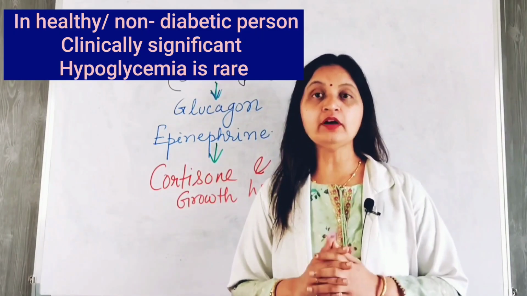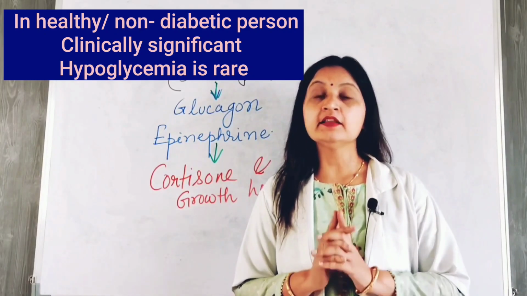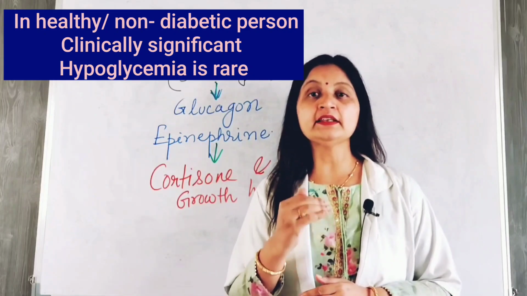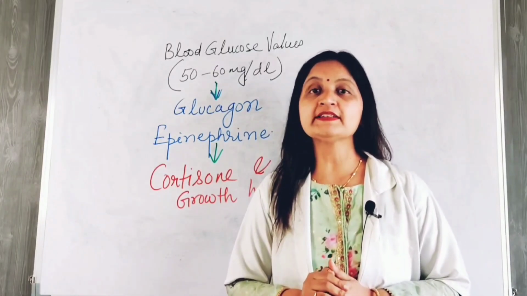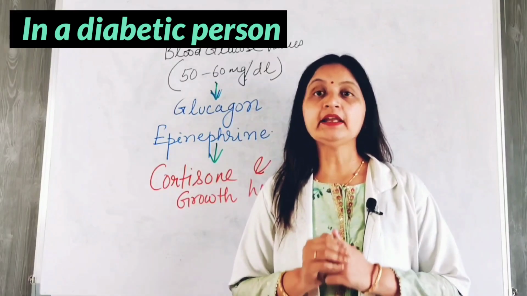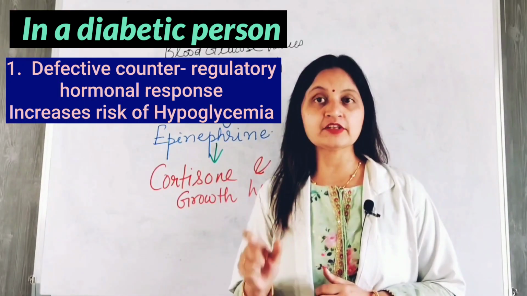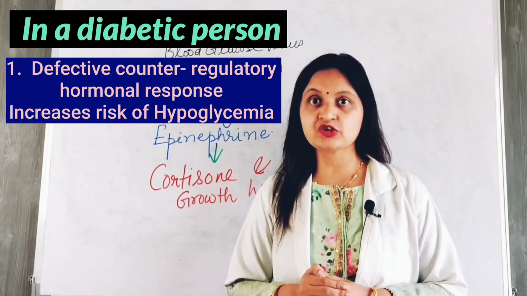So in a healthy non-diabetic individual, clinically significant hypoglycemia is rare. This is because the counter-regulatory hormonal responses raise the plasma glucose concentration to normal. But in a diabetic individual, there is a defective counter-regulatory hormonal response, and this predisposes to severe hypoglycemic reactions.